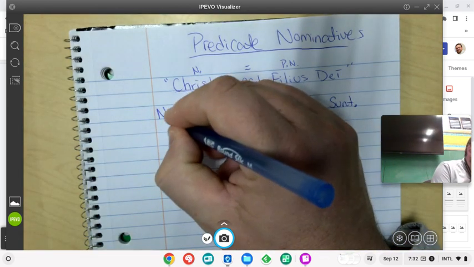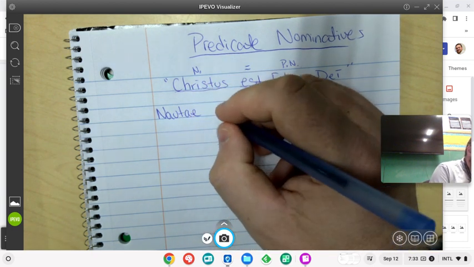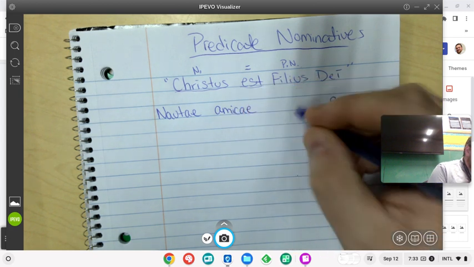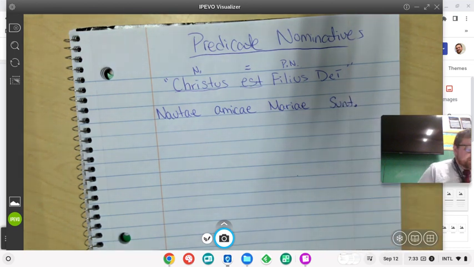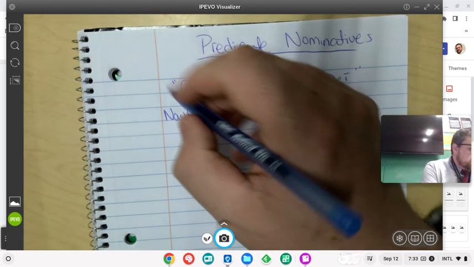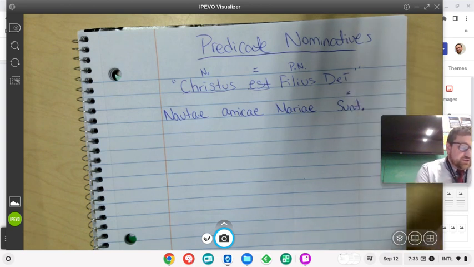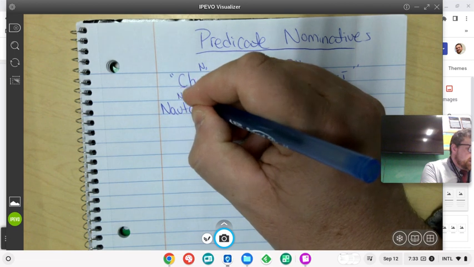In the sentence nautae amicae Mariae sunt, the sailors are something, and this are functions as an equal sign. And the nautae are in the nominative case.